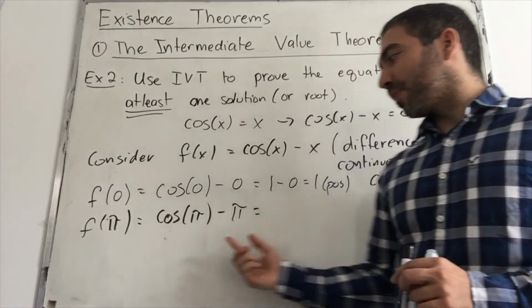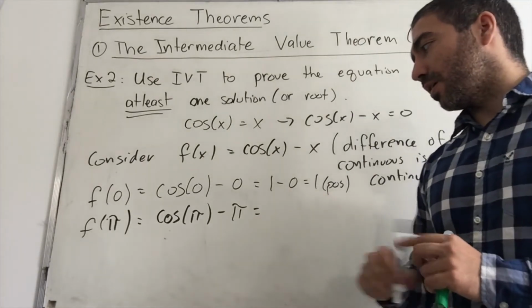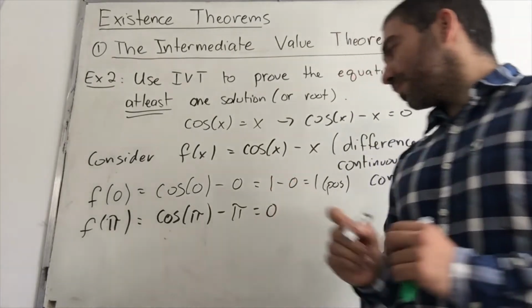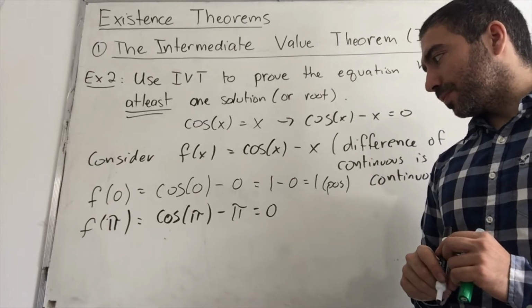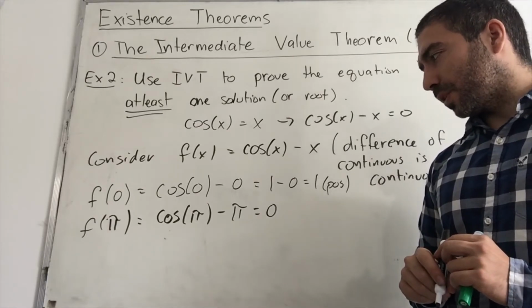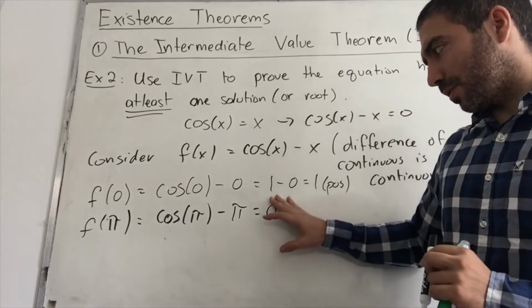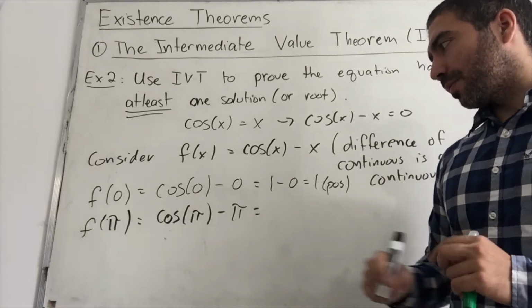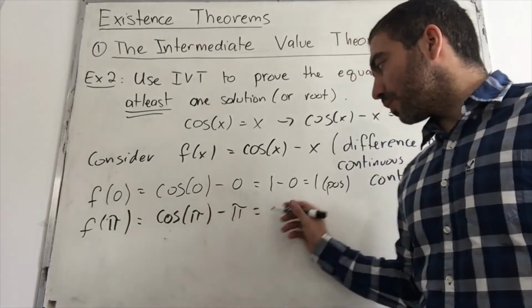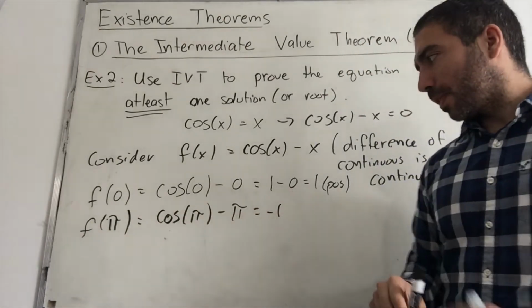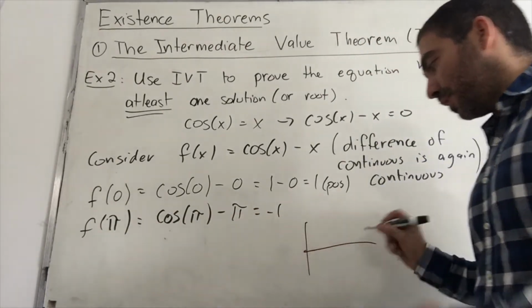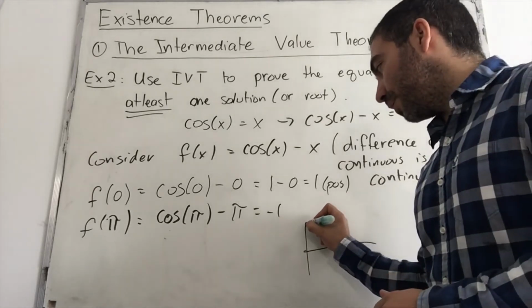Cos of pi, from our unit circle, we know it's 0. Sorry, not 0. We know that cos of pi is -1. Sorry about that. If we sketch our graph, cos starts up here.